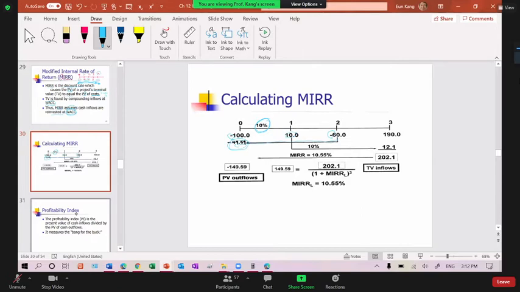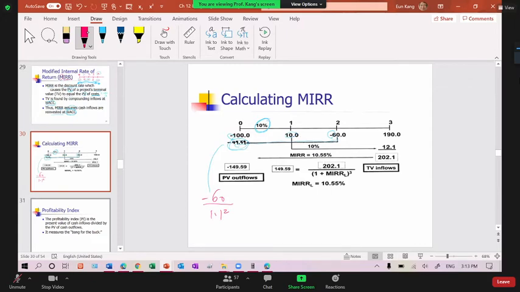So this is 60, 60 divided by 1.1 squared, right? But there is a minus, so you keep the minus.